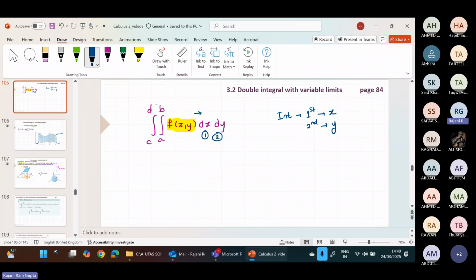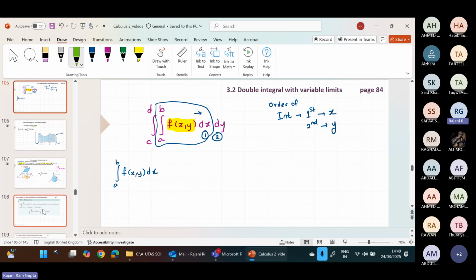Remember how we evaluate this: we first solve the integral from a to b of f(x,y) dx, and whatever answer we get, we integrate it with respect to y. This is the order of integration: first with respect to x and then with respect to y.